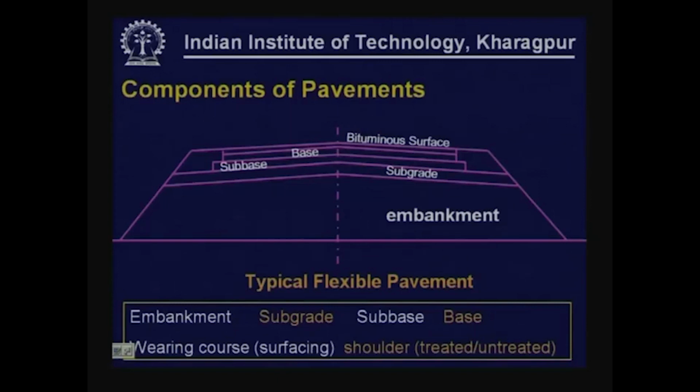Subgrade, as you know, is the prepared portion of the foundation, then subbase, base, wearing course, which is also called surfacing, and it will also have shoulders, either treated or untreated. We are going to use aggregates in almost all these components, especially bituminous layers, base and subbases, and in shoulders also.